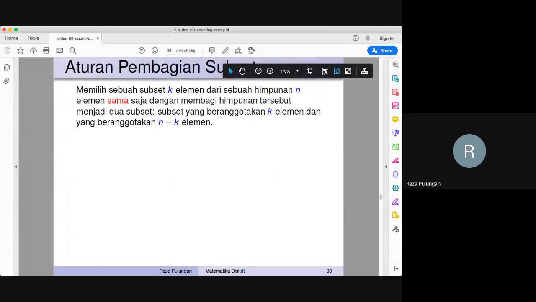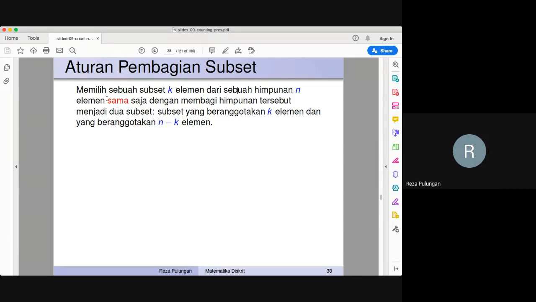To select a subset that contains k elements from a set that contains n elements is actually just the same as dividing this set into two subsets, namely the first set contains k elements and the second one contains n minus k elements. You see the point? Yeah.